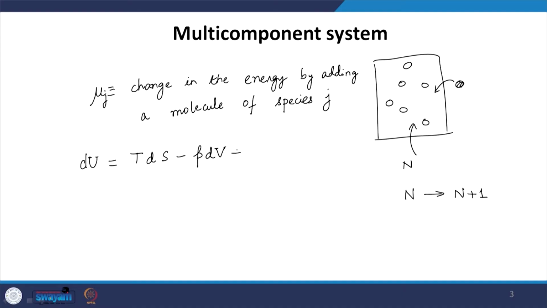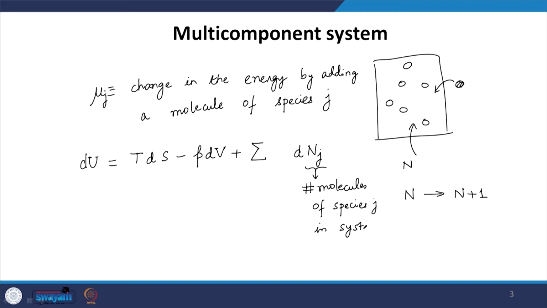There must be something else coming into this picture, and that something is simply the definition of the chemical potential. So, we say that mu j is the change in the energy by adding a molecule of species j. Let us say in total we are adding some dn j molecules, where n j is the number of molecules of species j in the system.